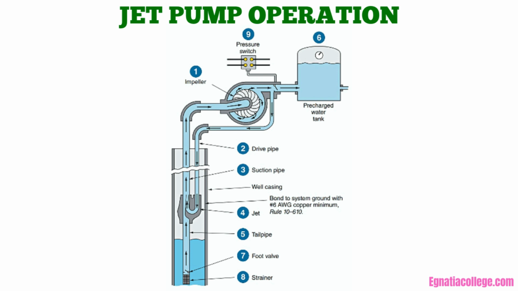As the water rises in the tank, the air is compressed. When the air pressure is 276 kilopascals, kPa, a pressure switch, circled as 9, disconnects the pump motor. The pressure switch is adjusted so that as the water is used and the air pressure falls to 138 kilopascals, the pump restarts and fills the tank again.